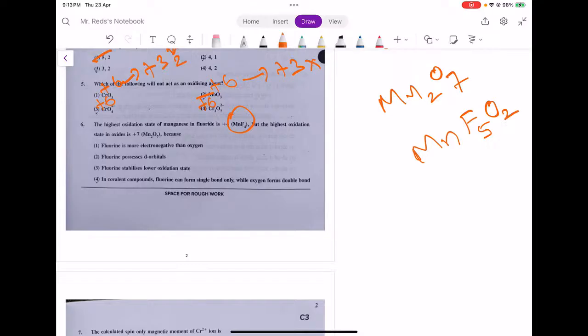In these compounds manganese possesses the highest oxidation state, plus 7.